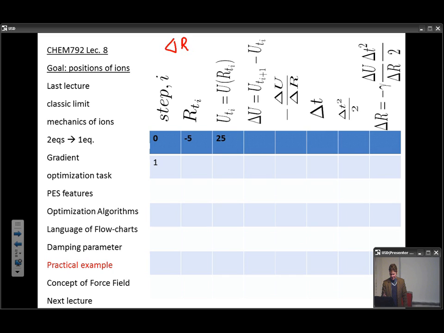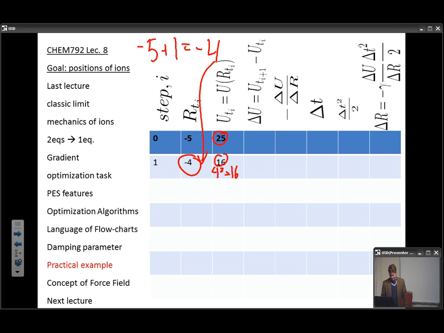Since we set up this initial delta R 1, then we are getting new position at step 1, -4, right? -5 plus 1 equals -4. And then we take 4 squared equals 16.